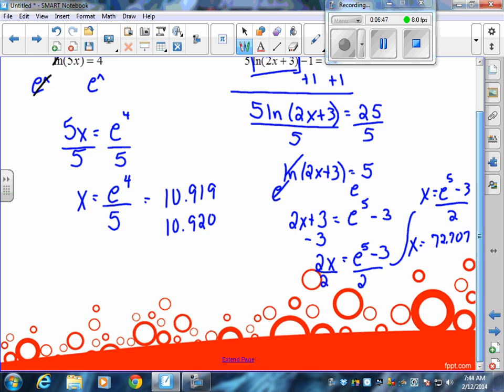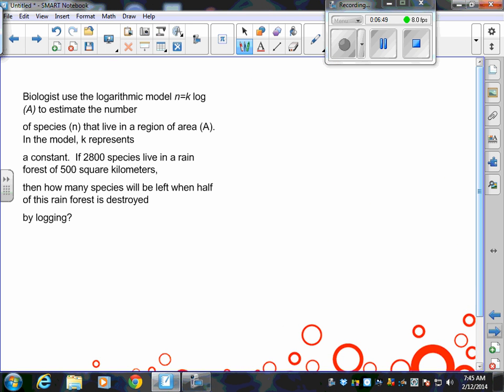Now, one last thing we're going to do with this is kind of look at this in terms of some word problems that we've done previously where we did them graphically. So here's our problem. We have that biologists use the model n equals k times log of A, if we are estimating the number of species n in an area A. k is always going to be some constant, which at this point I don't know.